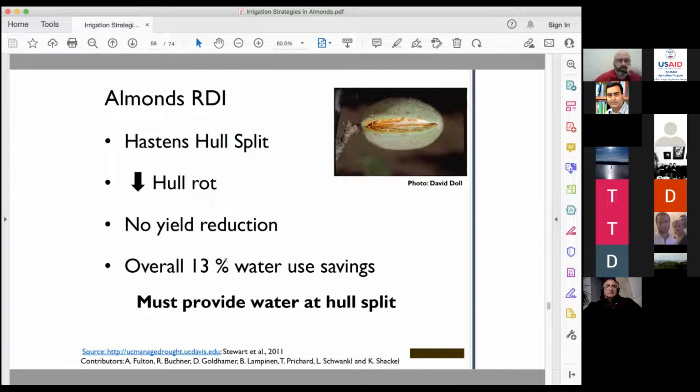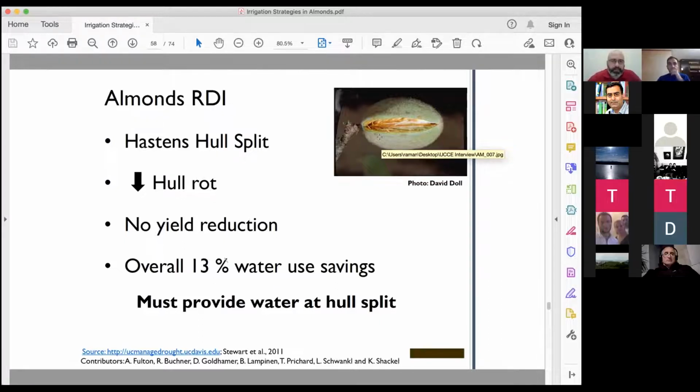Hull rot is a disease that is caused by common fungi. One of them is bread mold, Rhizopus. Another one is Monilinia. And then there is a new fungus in the Aspergillus genus that also causes rot of the splitting hulls, because at this stage, the inside of the hulls are really soft and the fungi attack.